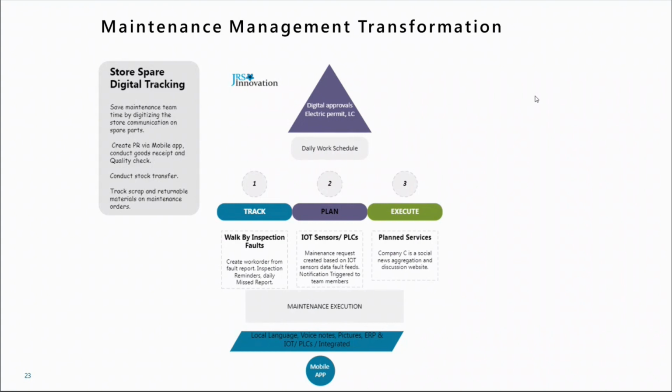And then the assets have IoT sensors deployed on them, bringing health information and continuous monitoring, be it holidays or nights. And then the machinery usage could be captured by the PLC integration.